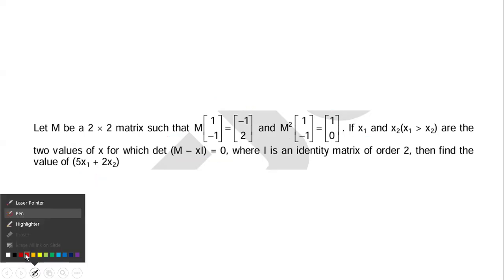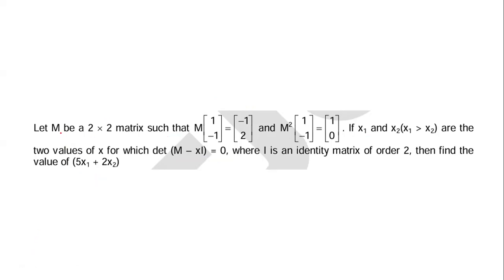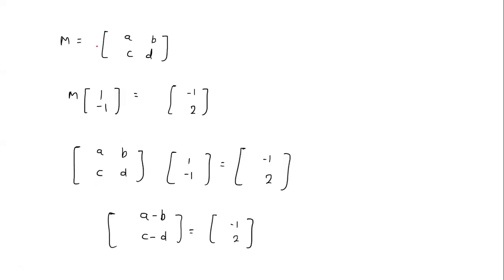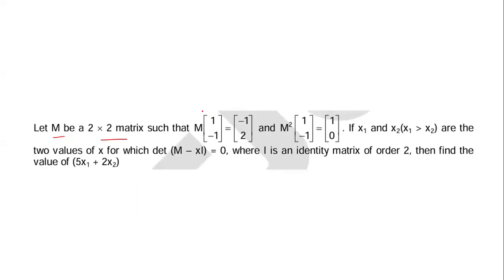So first of all, in the problem it is given that M is a 2 cross 2 matrix. So let's assume a general 2 cross 2 matrix which we can write in this way like A, B, C and D. Now the first thing given in the problem is M multiplied by this vector is equal to this vector.